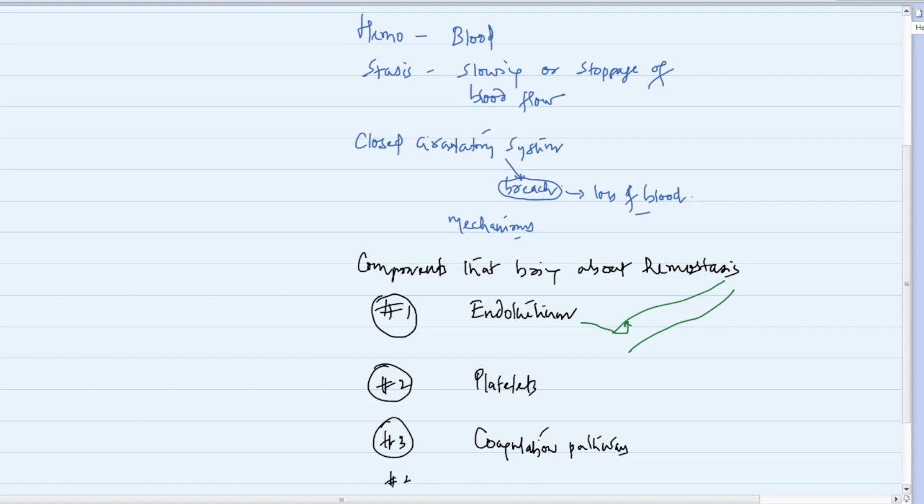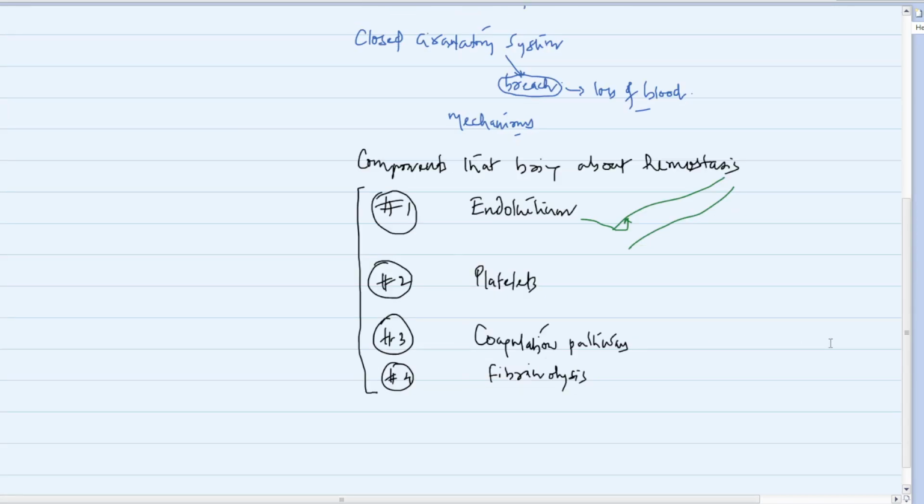And the fourth component is fibrinolysis. So these are the four components that we're going to study as part of this lecture.